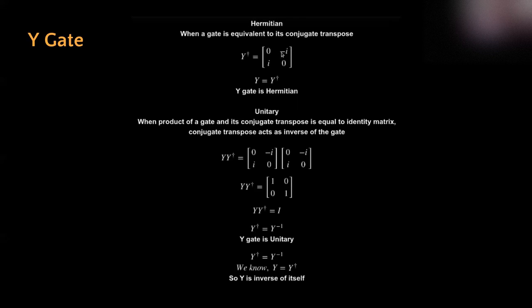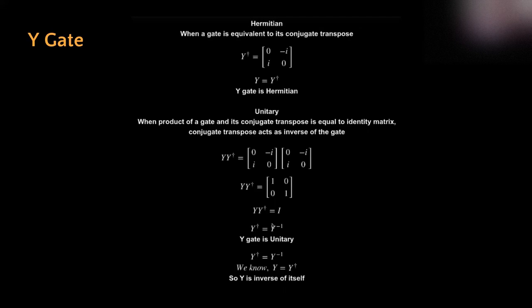So the negative parts change sign, but after taking the transpose, we again get back the Y matrix that we initially had. And because Y is equal to its conjugate transpose, the Y dagger, therefore it's Hermitian. And if we take the product of these two, we get identity matrix. Therefore the two are unitary.